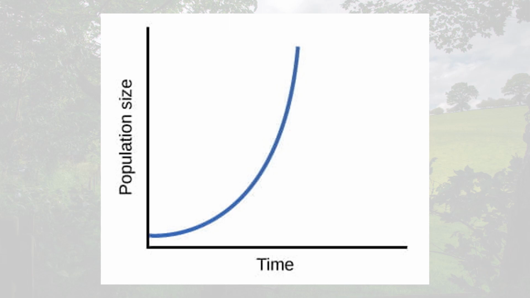In this J-shaped growth form, the population density increases rapidly in an exponential fashion and then stops abruptly as environmental resistance or other factors become effective.